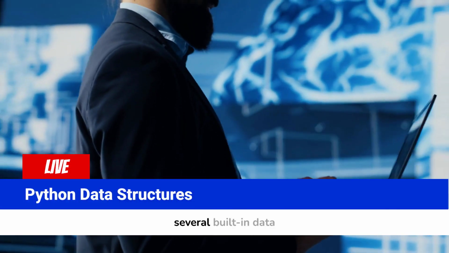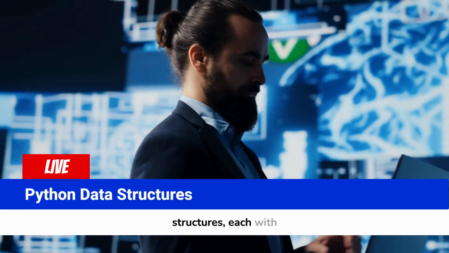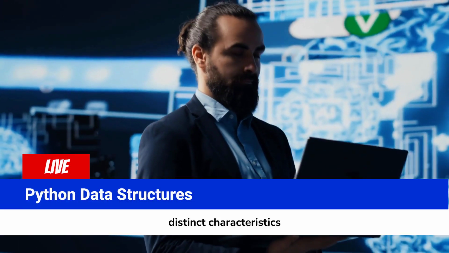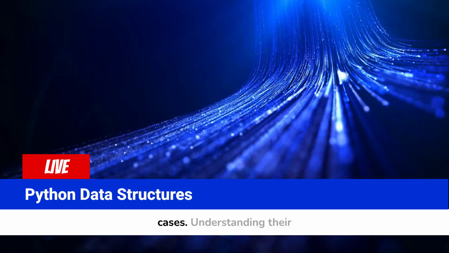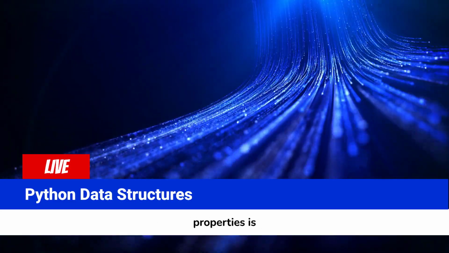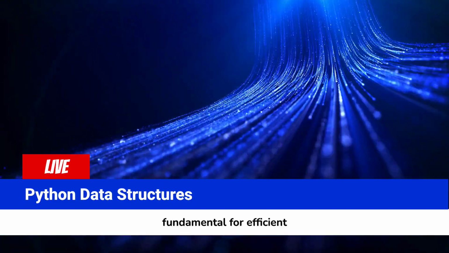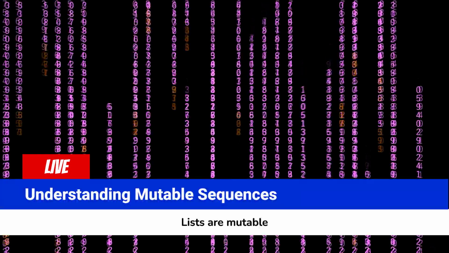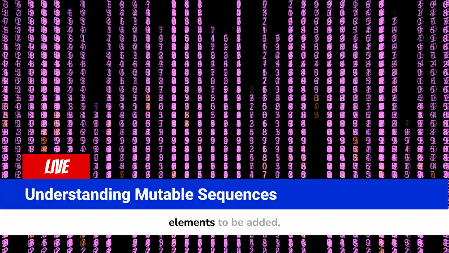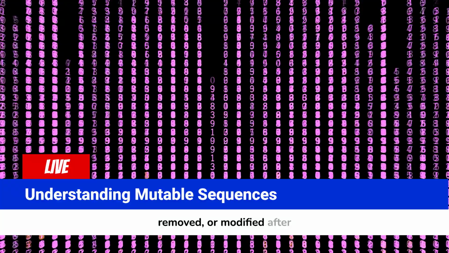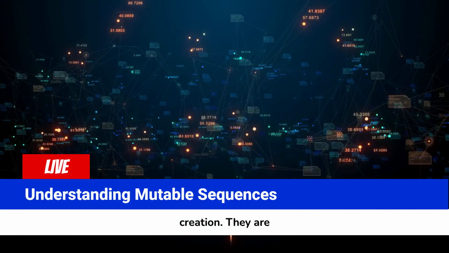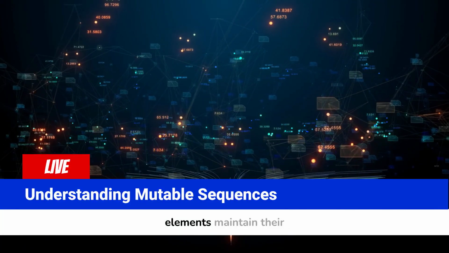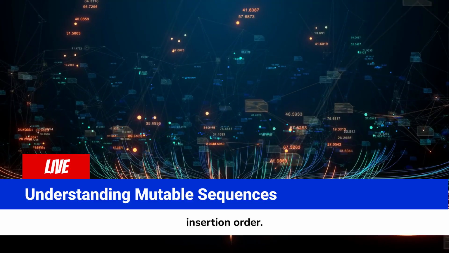Python offers several built-in data structures, each with distinct characteristics suitable for different use cases. Understanding their properties is fundamental for efficient programming. Lists are mutable sequences, allowing elements to be added, removed, or modified after creation. They are ordered collections, meaning elements maintain their insertion order.